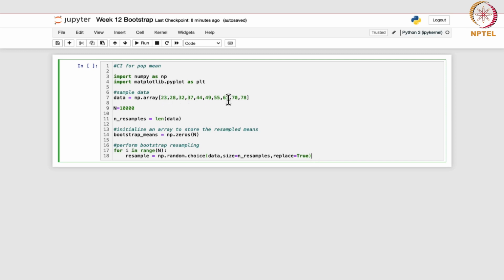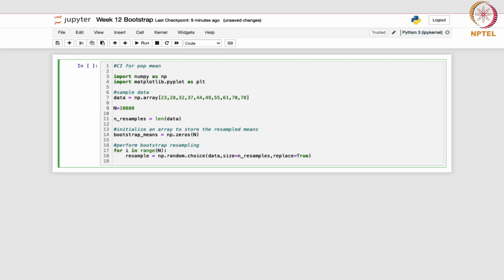The data is the sample data we have taken, and from here 10,000 samples will be taken, each time of length 10, and obviously with replacement. So there can be some data points that are repeated in a given sample. You can think of it this way: 23 might appear twice, or maybe 28 appears 3 times.